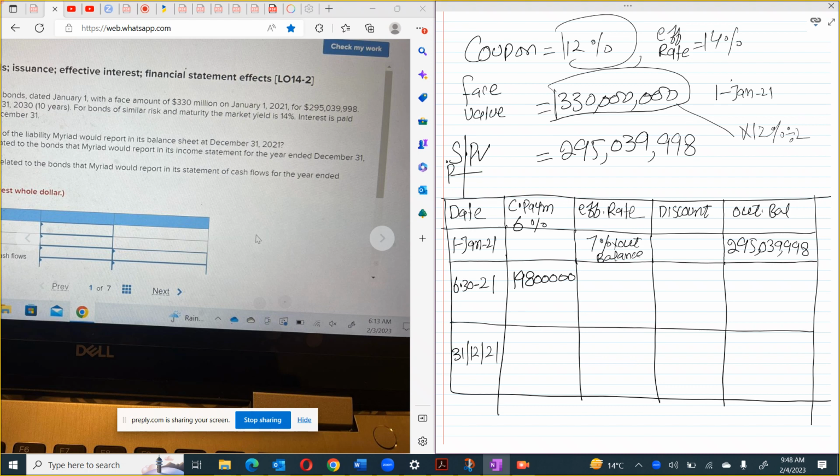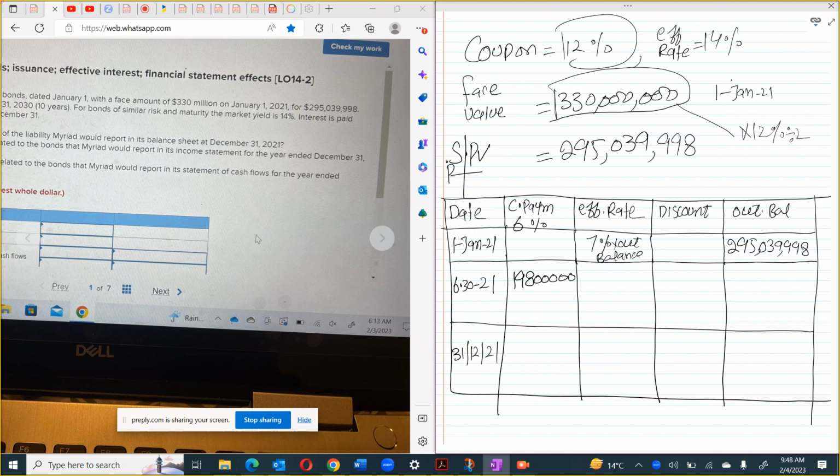Can you read the first part for me? The first part is net liability: 2968, 05294. And the second one, interest expense: 396, 50, 5 zeros.